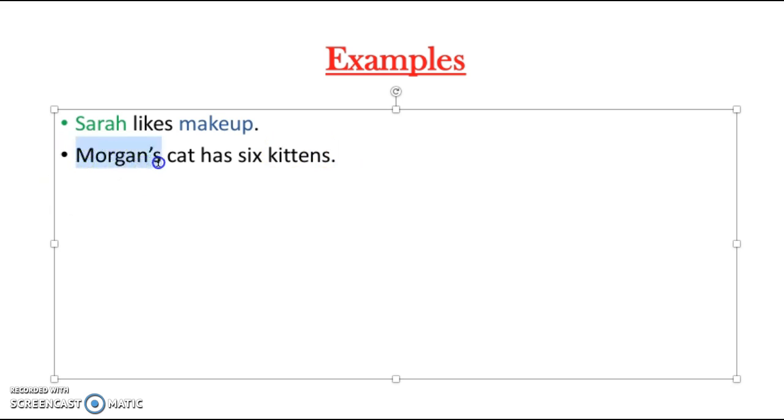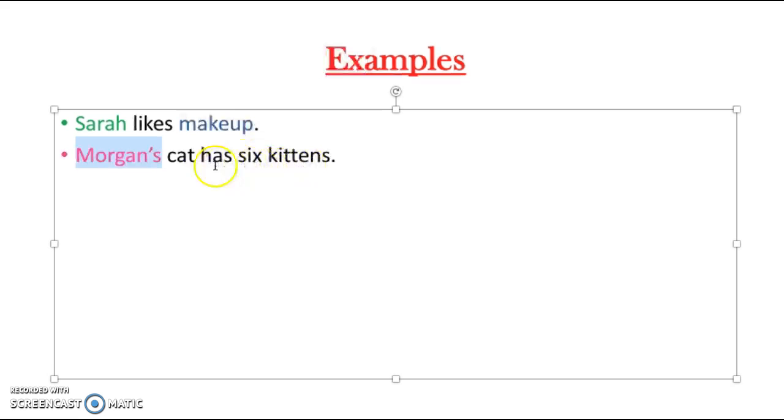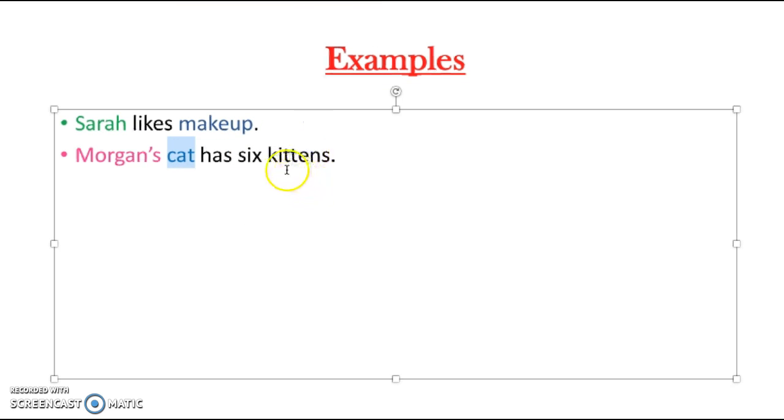So Morgan's, remember, because it's singular, but it's Morgan's cat, the cat belongs to Morgan, is actually going to be the possessive noun. Remember, cat can be a common noun because you don't really know what kind of cat. And even kittens can be a common noun.